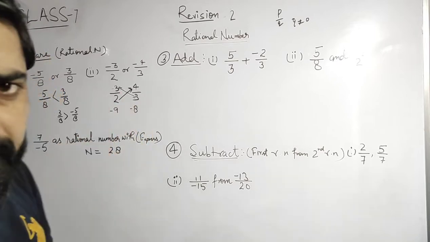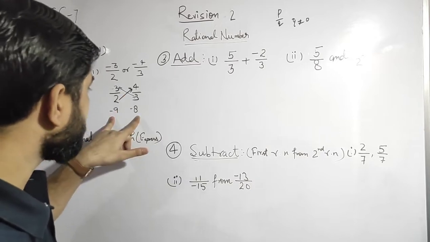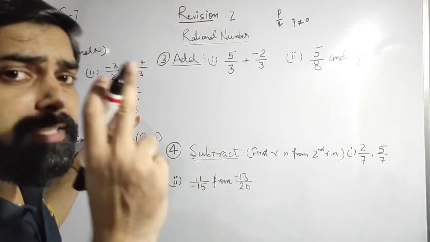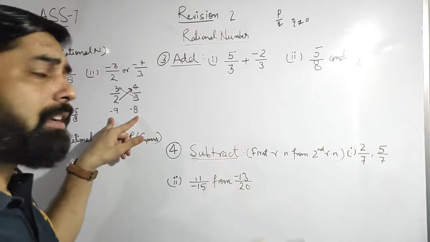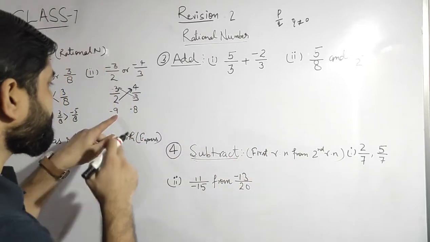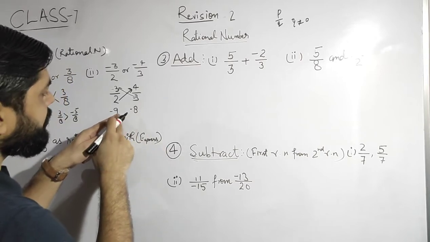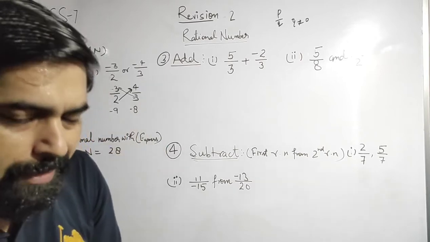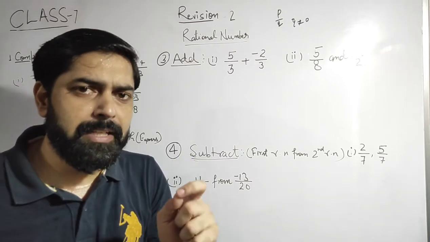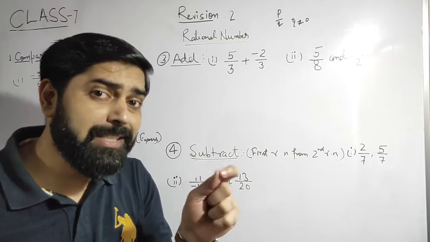Both sides are negative. If both numbers are negative, then among negative numbers, which one is greater? Forget the negative for now, which is greater? This one is greater. So in negative numbers, the smaller number is greater.